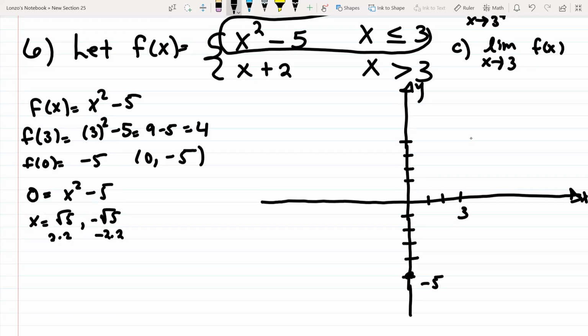Now, because it has an equal sign, it's going to be a dark circle, so we have to include it. And we have two x-intercepts at 2.2 and negative 2.2. So it would look something like this.